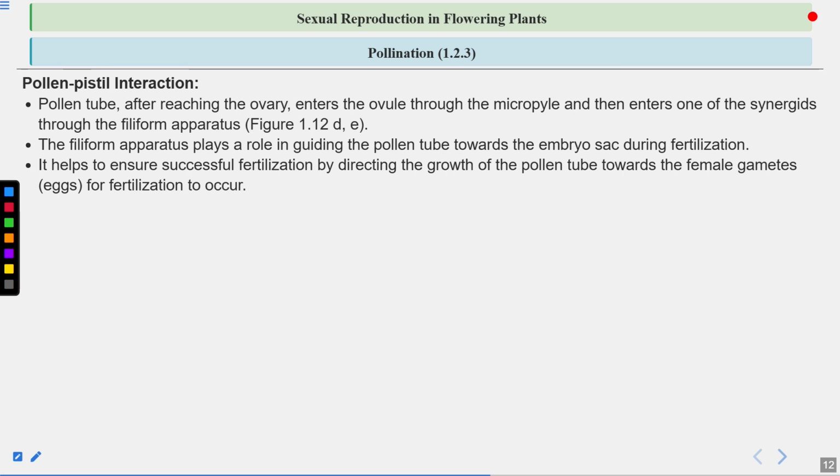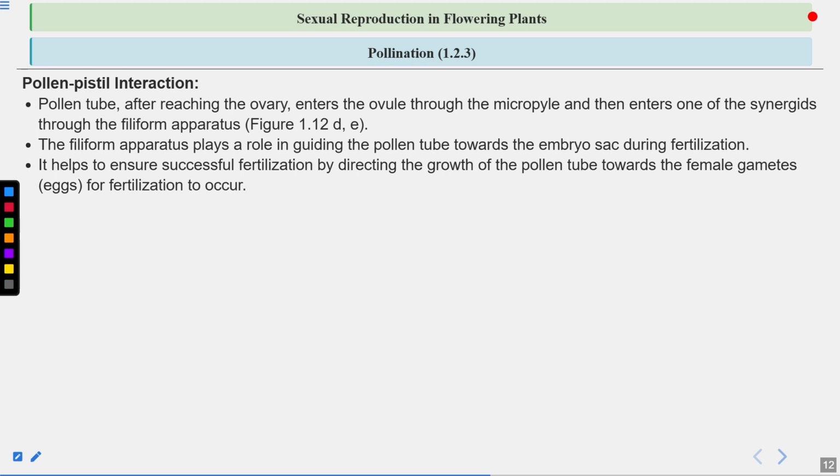Coming back, it helps to ensure successful fertilization by directing the growth of the pollen tube towards the female gamete. Okay, so without this directing by the synergid cells, do you think fertilization could be possible? I don't think so.